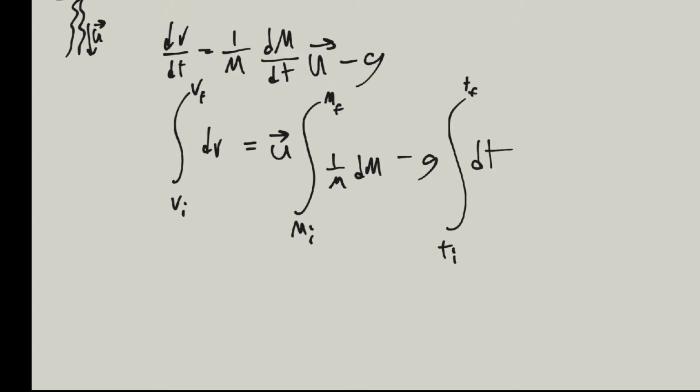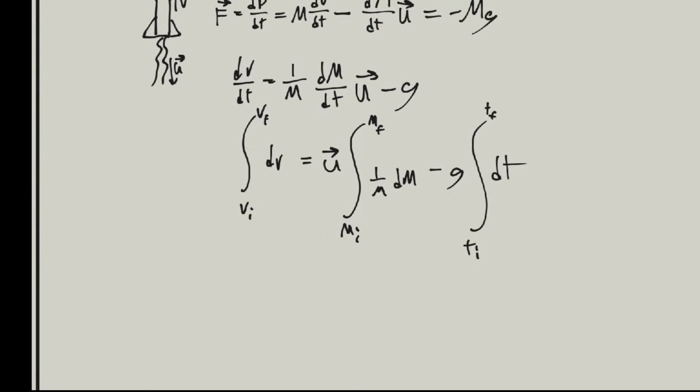Why is dt here? Again, because we're treating these derivatives as fractions, and we're multiplying each side by dt. So this becomes dv, this becomes 1 over m times dm times u, because the dt goes away, and this becomes g times dt. And so then we're taking the integral of all of those things.